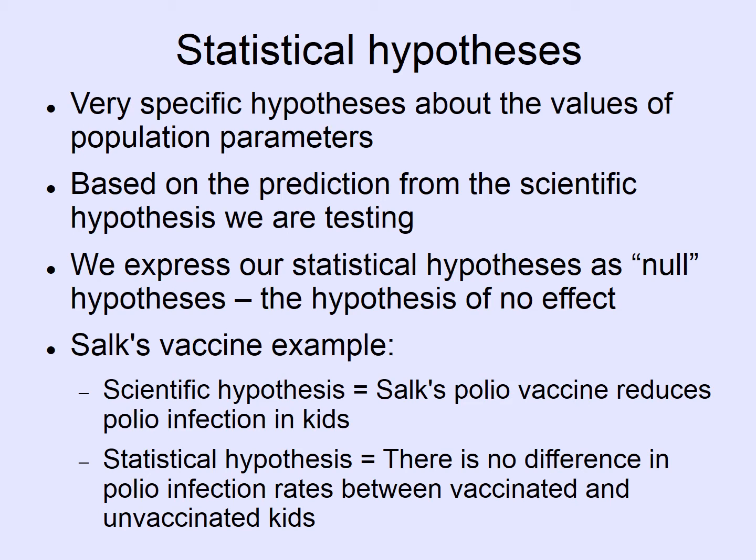So our scientific hypothesis, like we said, it should reduce polio infection if they receive the vaccine. A statistical hypothesis would say there is no difference in polio infection rates between vaccinated and unvaccinated. And this really is our statistical null hypothesis, the hypothesis of no effect. Let's keep looking at it.